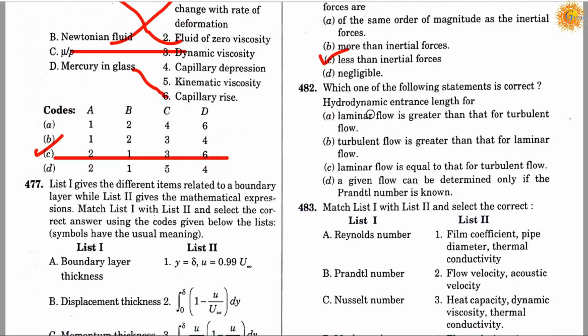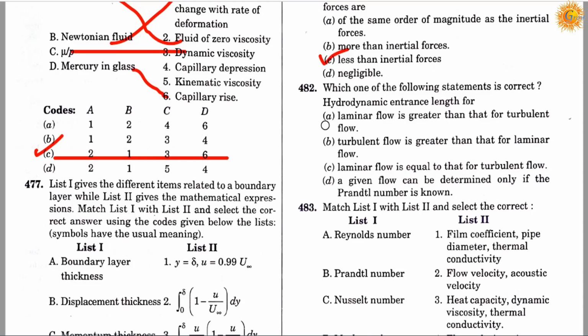Question number 482. Which one of the following statements is correct? The hydrodynamic entrance length for: option A, laminar flow is greater than that for turbulent flow; option B, turbulent flow is greater than that for laminar flow; option C, laminar flow is equal to that for turbulent flow; and option D, a given flow can be determined only if the Prandtl number is known.